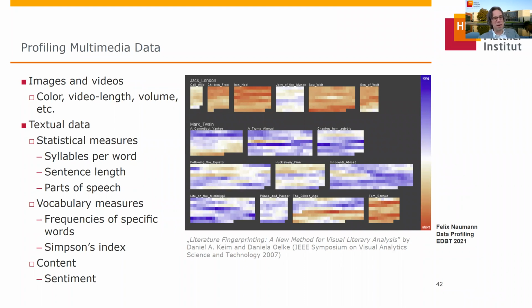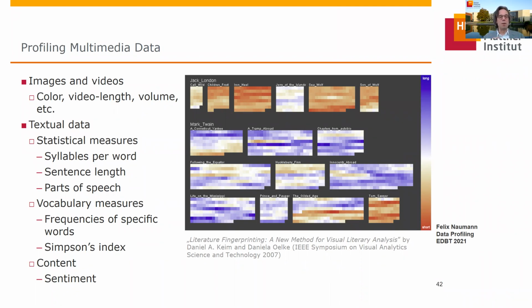We could do data profiling for multimedia data. The figure on the right is some nice work by Daniel Keim and his student on what he calls literature fingerprinting. So it's textual data, and extracting metadata about textual data. In this case, it's average sentence length. The top row are novels by Jack London, and the bottom are novels by Mark Twain.